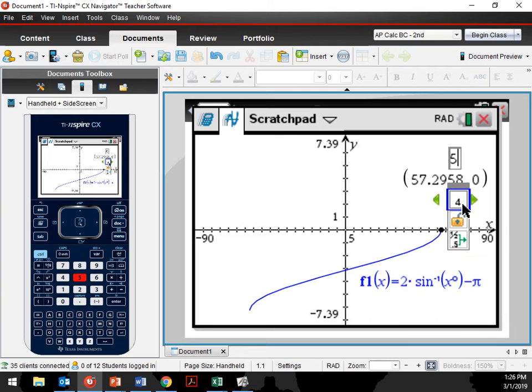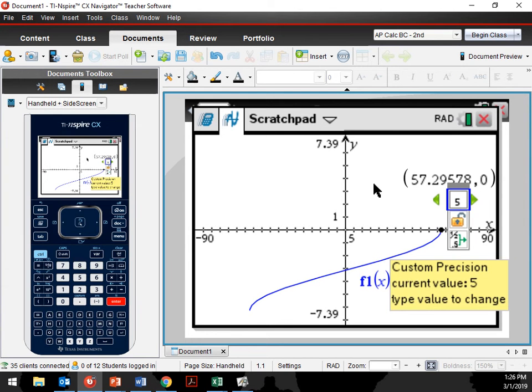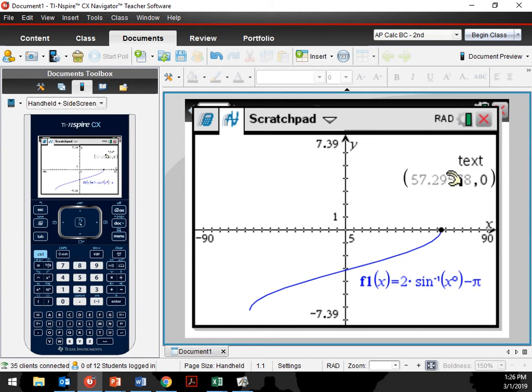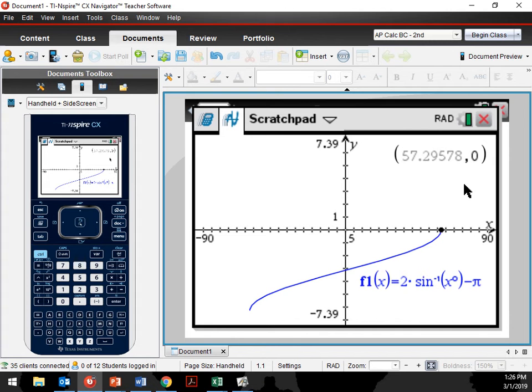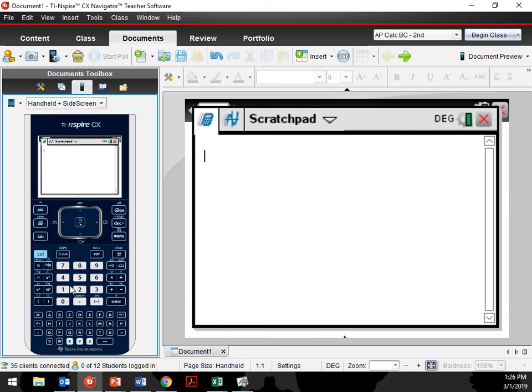Let's go 5, see if that helps. 5, and then 5 decimals. Then I go... 57 point... Go ahead. 57.29578. Let me see. Right there.